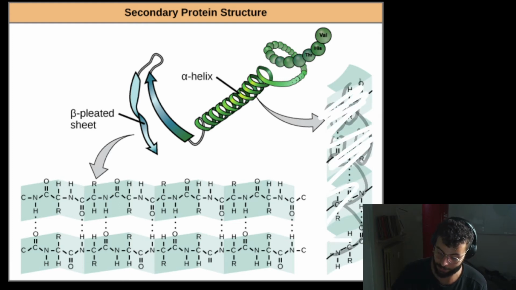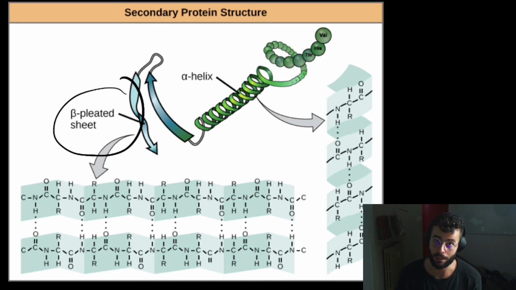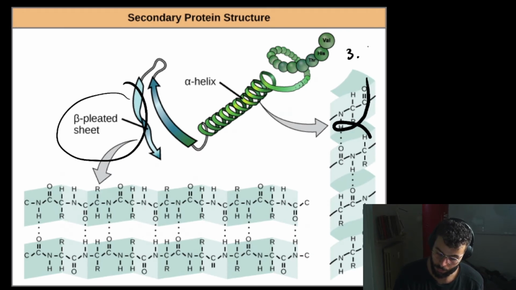So the secondary protein structure is when the backbones of the different amino acids interact together and form different dipole-dipole interactions, therefore folding the specific sequence of amino acids into either a beta-pleated sheet or an alpha helix shape. Each turn of the helix contains 3.6 amino acids on average. It's about 3 to 4 amino acids.